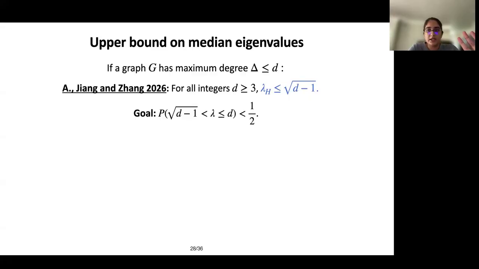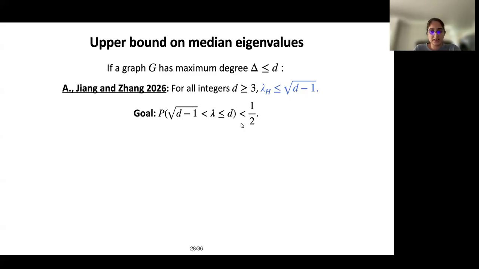The goal here is a probabilistic argument where we want to show that the eigenvalues which are strictly greater than this upper bound can only be fewer than n/2 of them. Less than half of the eigenvalues can be strictly larger than this upper bound. So our goal is to show that the probability that eigenvalues lie in this interval is strictly less than half.